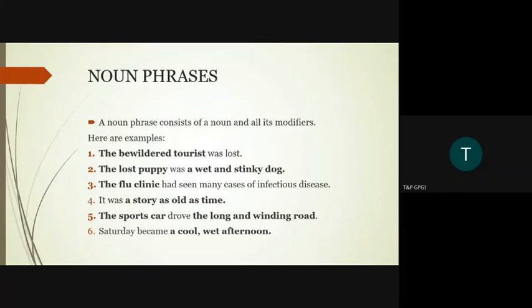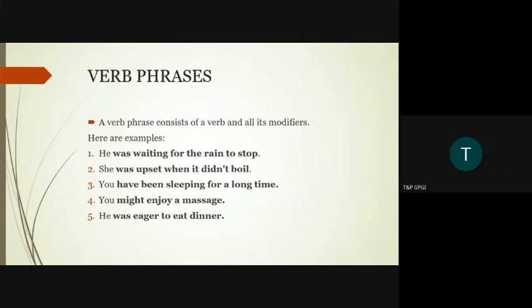I'll start with the easy one. It was a story as old as time. A story as old as time is a noun phrase. Then moving on to the verb phrase. A verb phrase has a verb in it and all its modifiers.